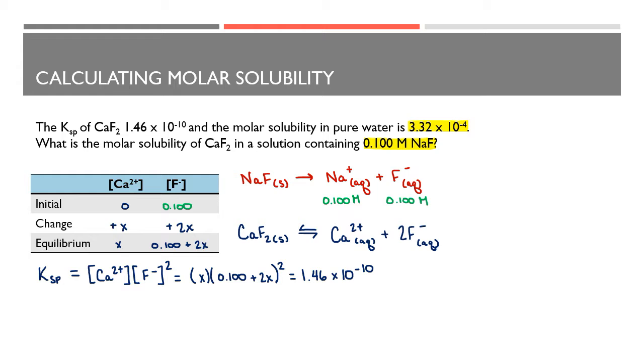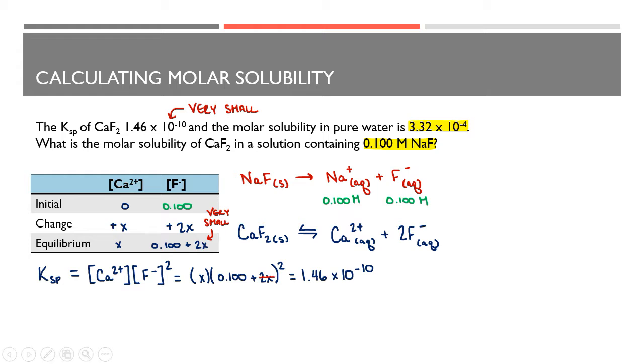So one thing I'm going to do here is, because my Ksp is very, very small, it's 1.46 times 10 to the negative 10th, that tells me that calcium fluoride does not like to dissolve in water, and it's going to produce very few ions. So because that's very small, I can assume that my 2x is also going to be very, very small.